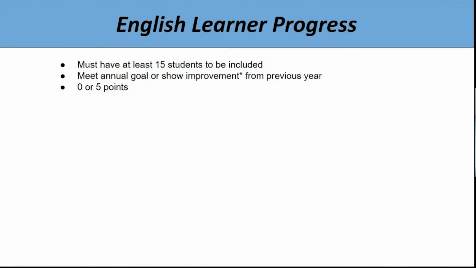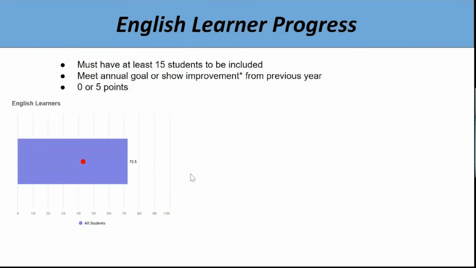The improvement is not a straightforward, just improve any amount and you get it. It's going to calculate some additional factors and you have to increase a certain amount from previously. So it's not any improvement, it's a certain amount of improvement there. So 0 or 5 points if you have 15 students.